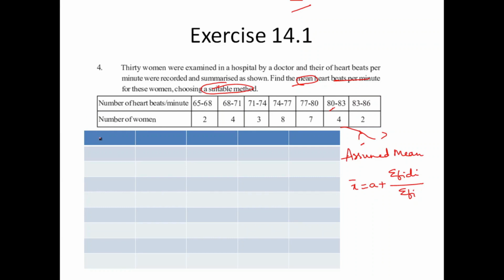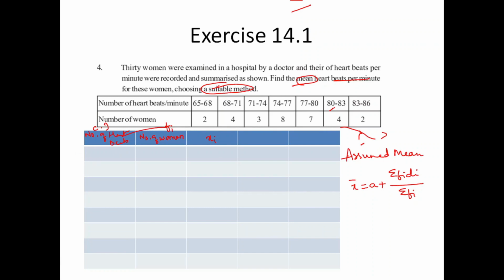And here, this is your class interval, and this is the number of women. This is your f of i value, and this is your difference. You need to take the difference, x of i. Okay, that's the class mark.